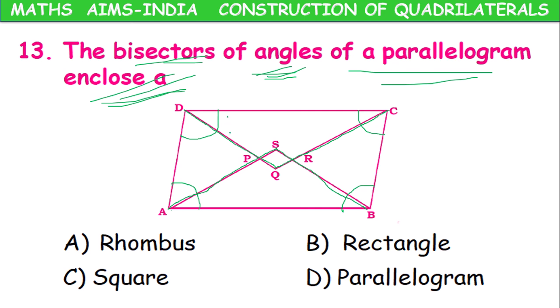If we draw four bisectors for four angles, they will meet in the middle and form a shape. They will form a geometrical figure in the middle. We have to find what kind of geometrical figure it is.